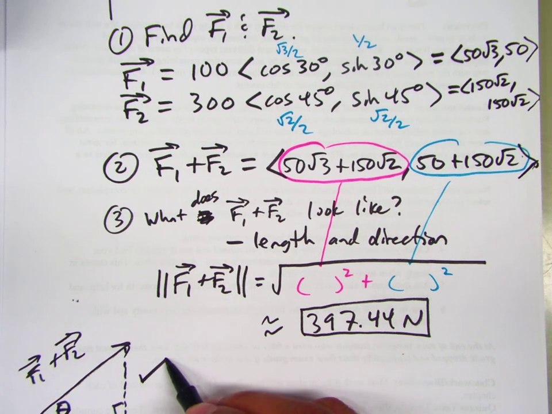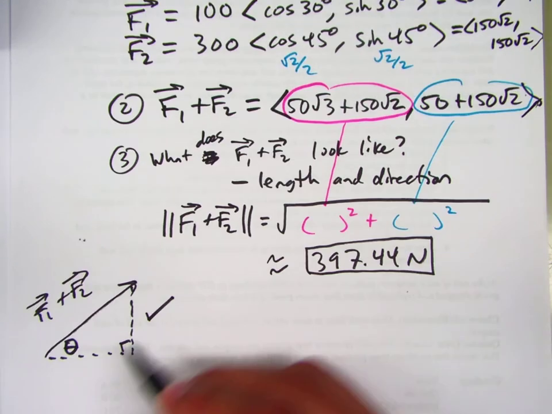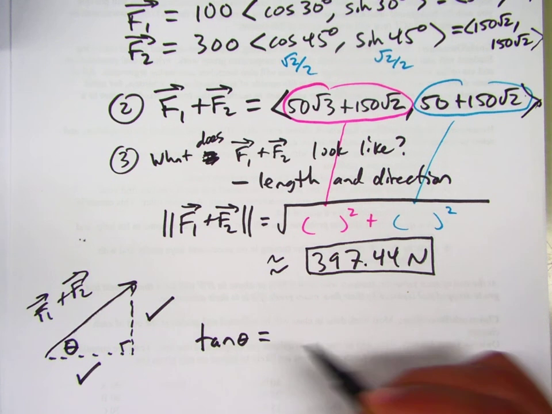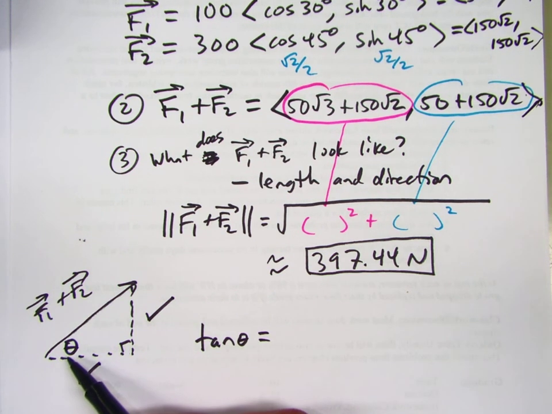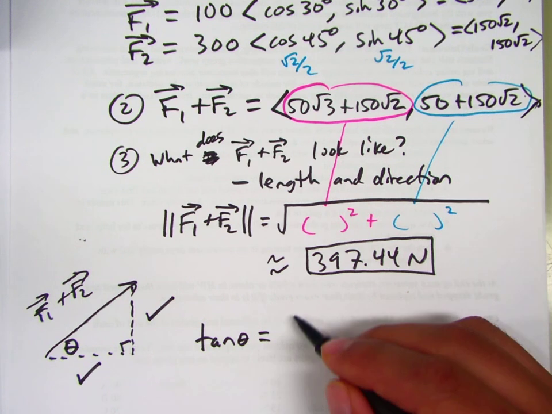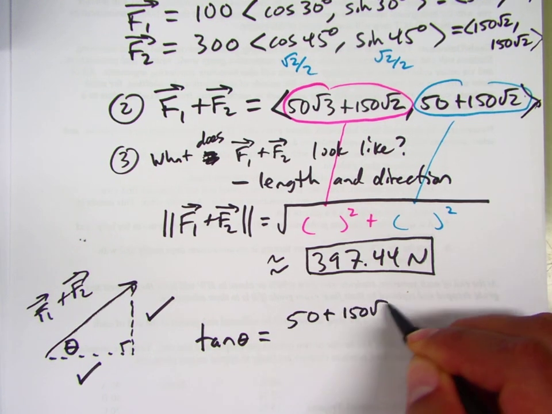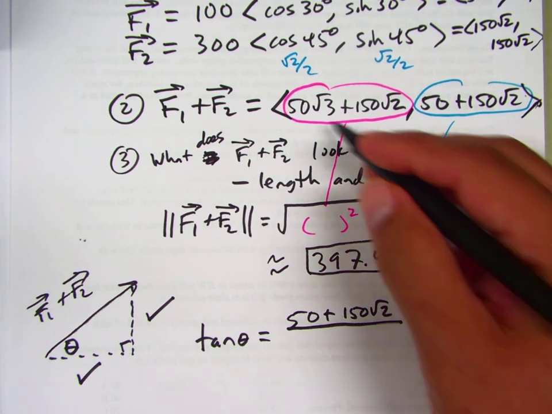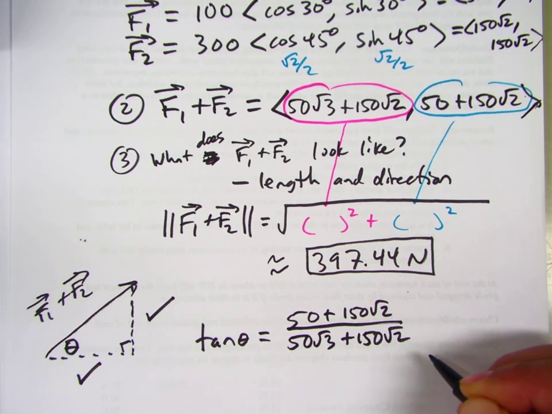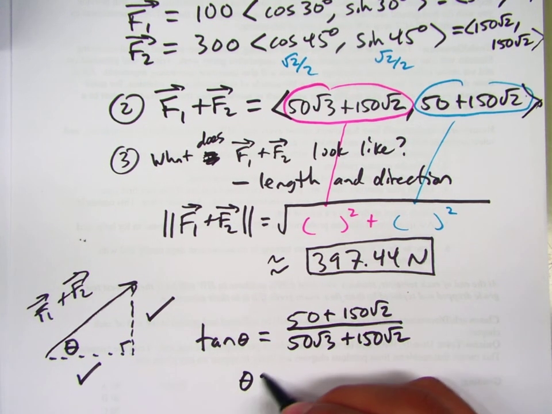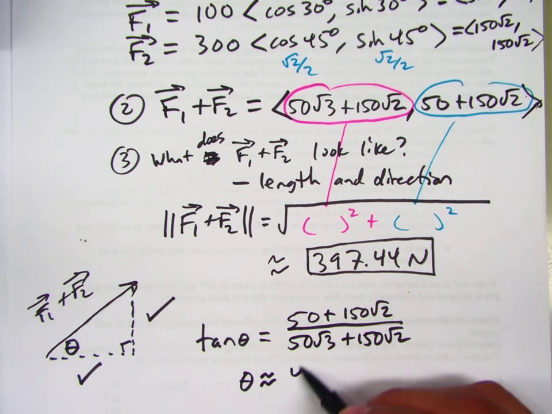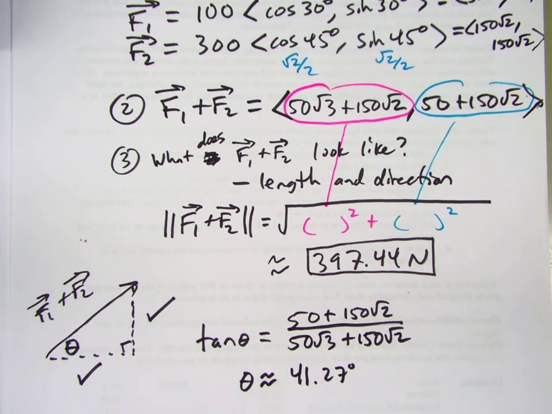I have the opposite side and the adjacent side, and I'm going quickly, but hopefully this makes sense. The tangent of theta will just be the opposite side, which is the vertical piece of F1 plus F2, divided by the adjacent portion, which is 50 root 3 plus 150 root 2. Now that you have that, you could do the inverse tangent of this on your calculator, and you get about 41.27 degrees.